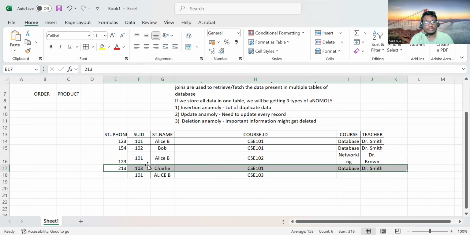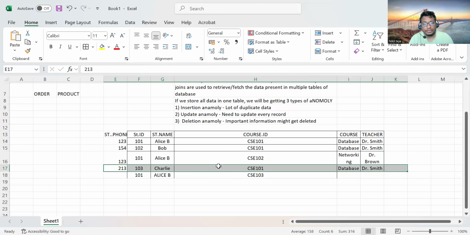So I want to delete Charlie's record. But if we delete Charlie's record, we will be losing the entire information of Charlie, as well as the important information of that record.